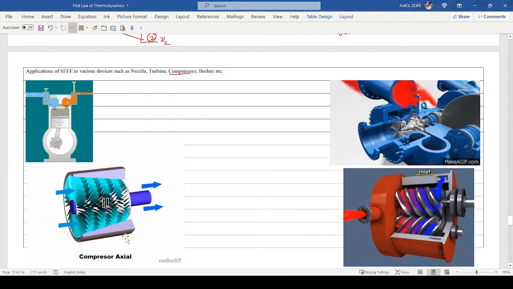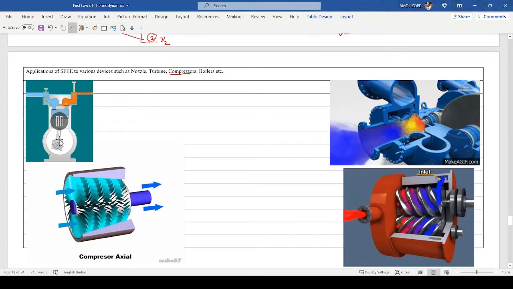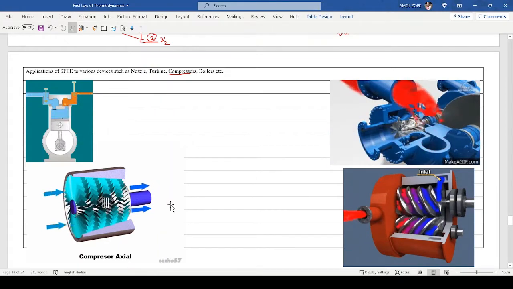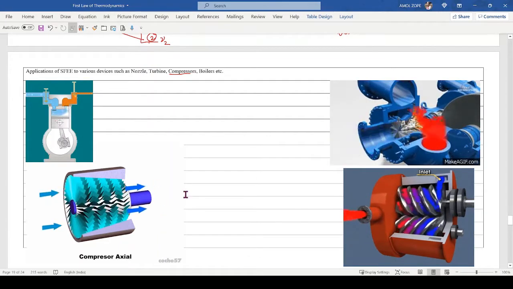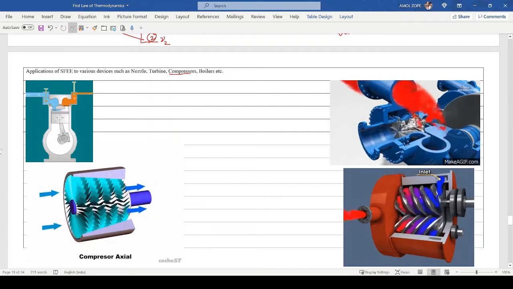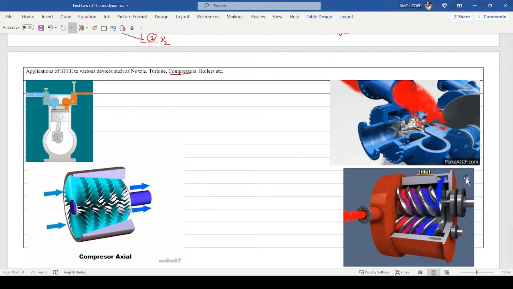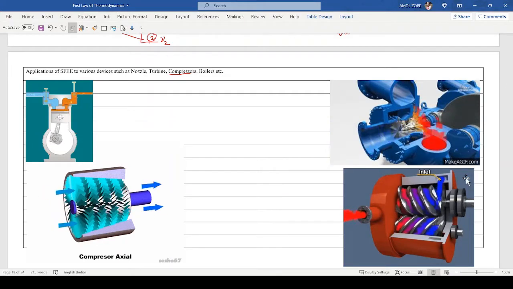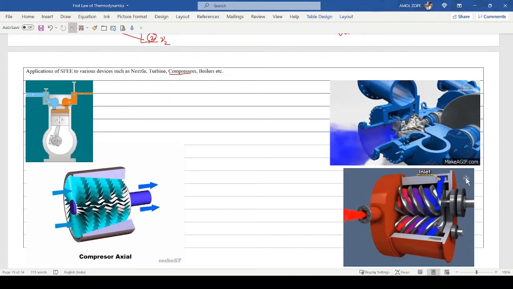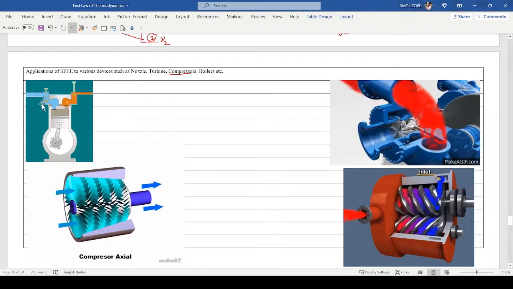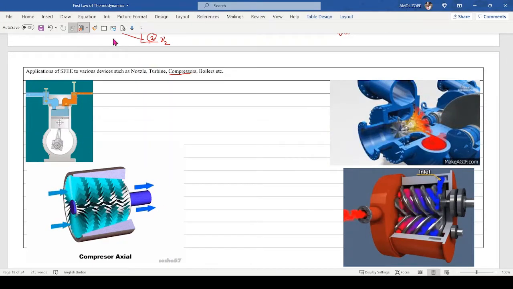Again, what mechanism is actually used for the compressor? Right now in the study of thermodynamics, we will not bother about these four mechanisms here. The mechanism design will be different according to its application. But finally, if we apply the steady flow energy equation, always pay attention.